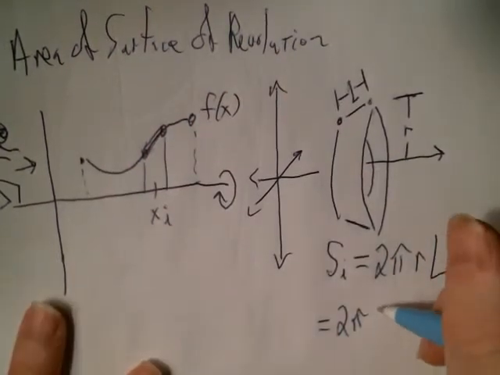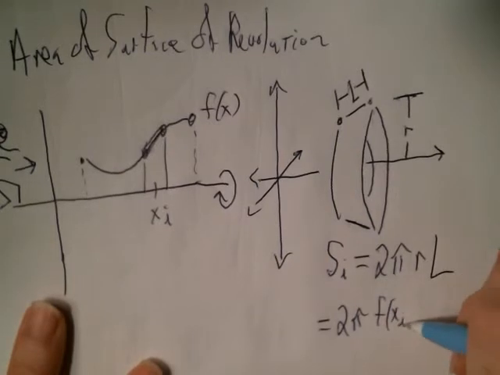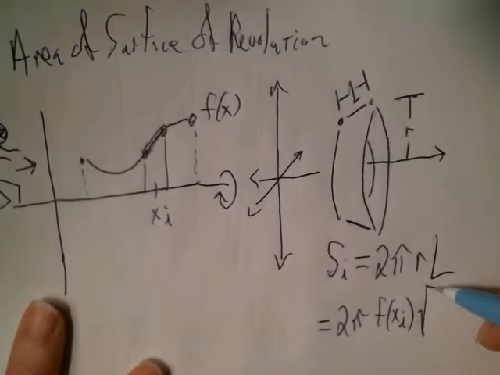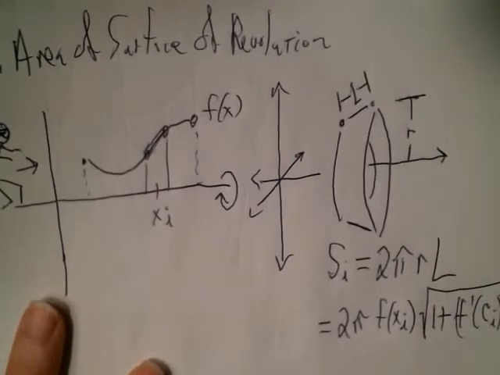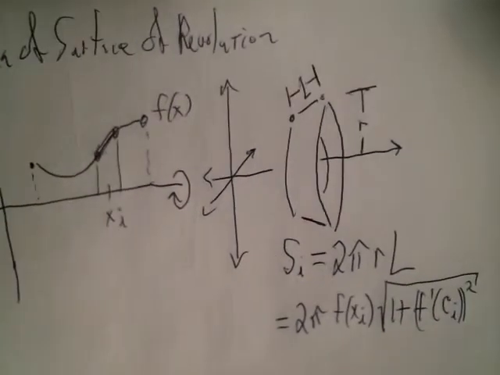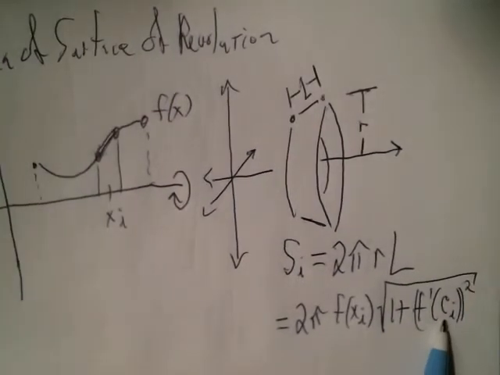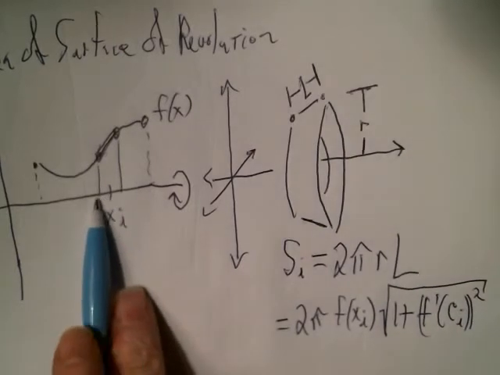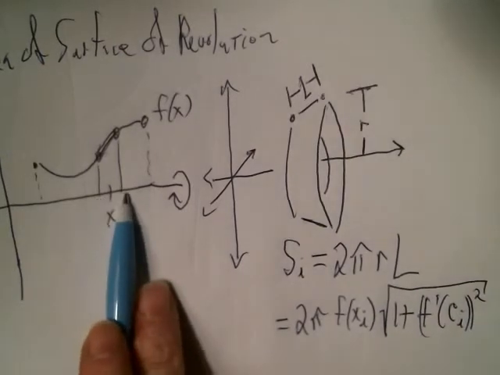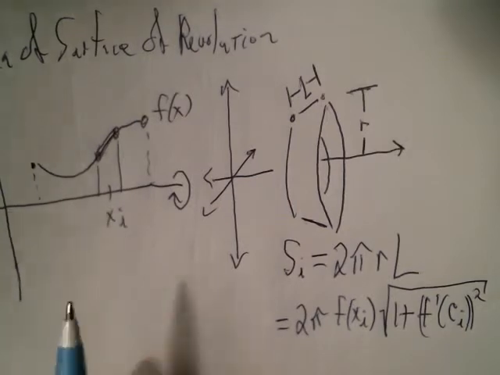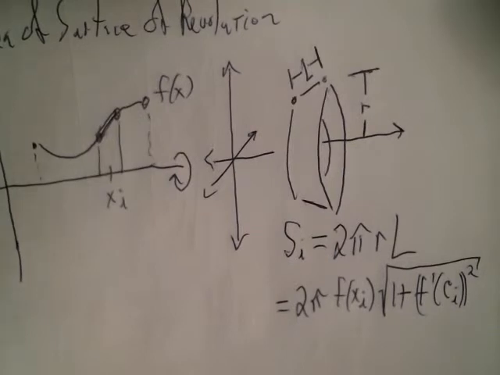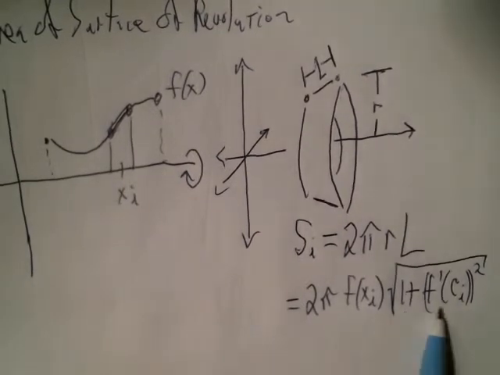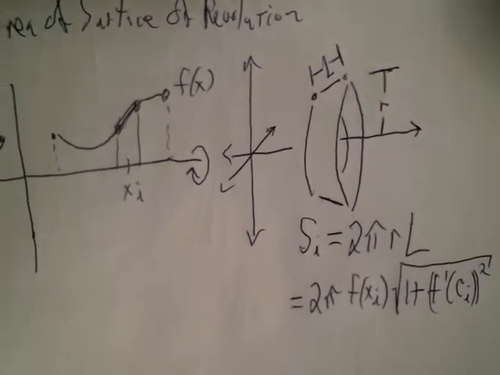So 2 pi f of x sub i, and then the L formula would be the square root of 1 plus f prime of c sub i squared, where c sub i is some value in between x sub i minus 1 and x sub i, or something like that. But it's basically the formula from the last section we were looking at. That will give you this part of the surface area formula.